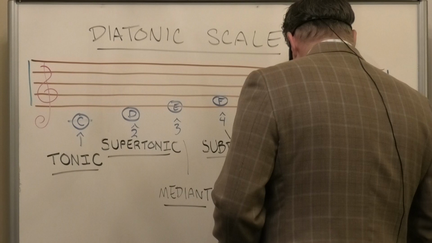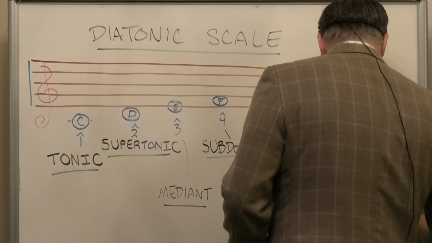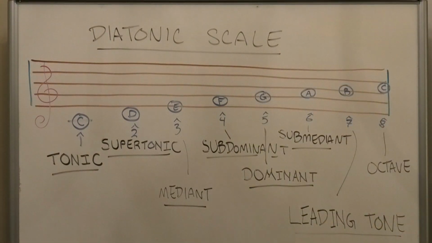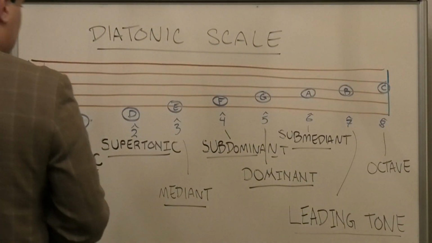The 7th scale degree is called the leading tone. It's the tone that leads to the key you're in. Okay, it leads to the key of C if you're in the key of C. So it's the leading tone.